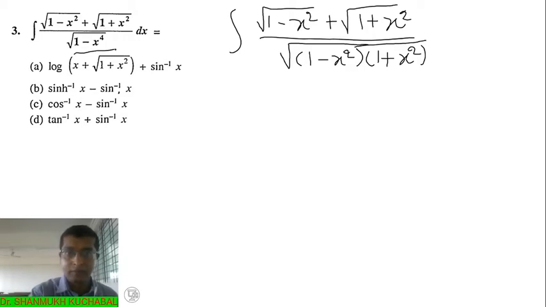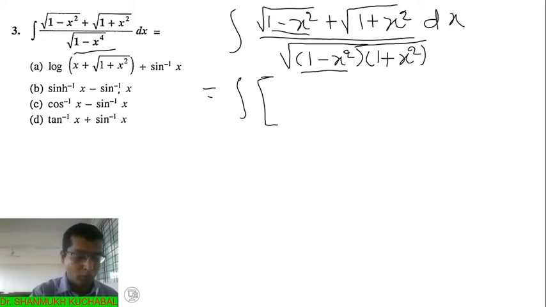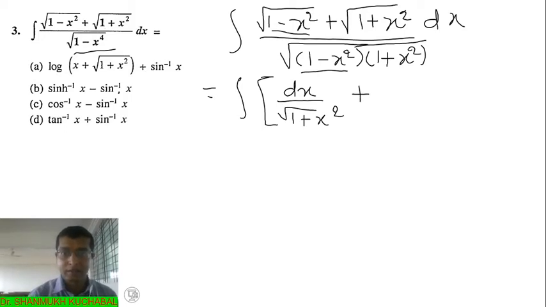So now we do the first term divided by the denominator: 1 minus x square and 1 minus x square cancel. We get dx divided by under the square root of 1 plus x square. So further I can write a plus.